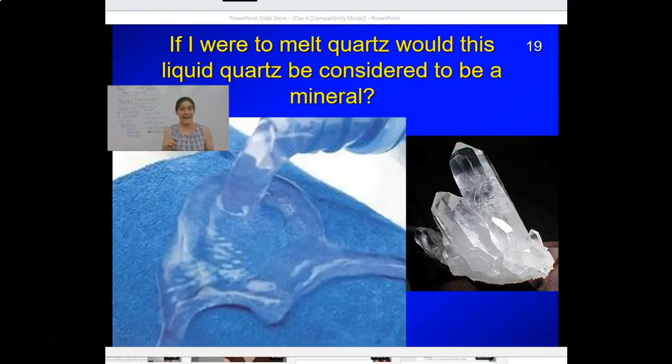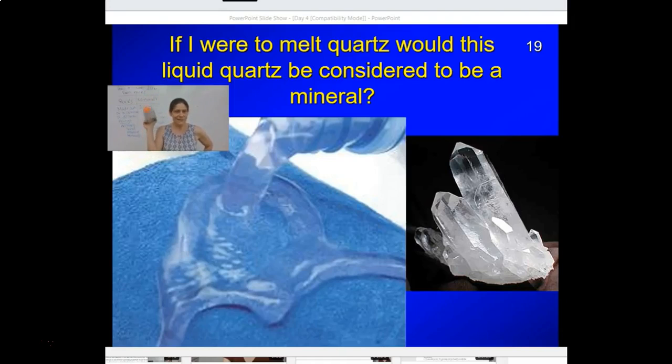So let's say I take that quartz crystal, whatever, it's on the screen, and let's say I heat it up so much that it melts. So that other picture up there, let's just say it's actually water. But let's say it's liquid quartz. Or actually, we could even say water. Water has a single chemical composition, H2O.